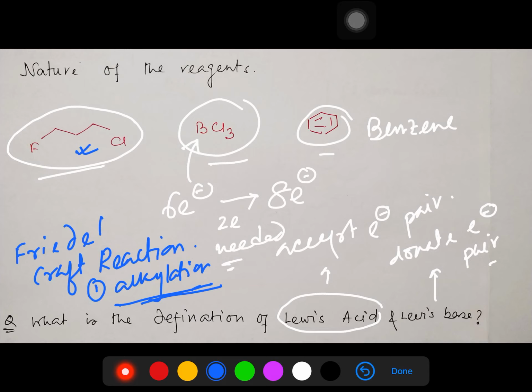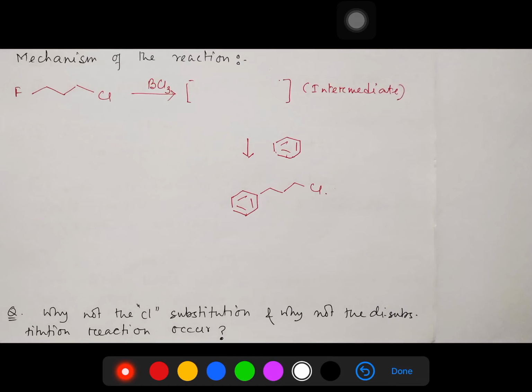So we can expect that either chlorine or fluorine can leave and result in a carbocation, which participates in the Friedel-Crafts reaction. Now the question is which one will leave. In this case fluorine will leave, so Cl will remain.